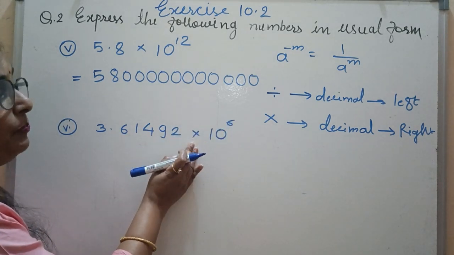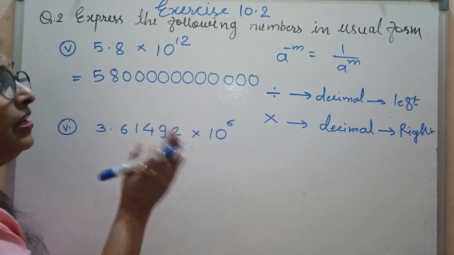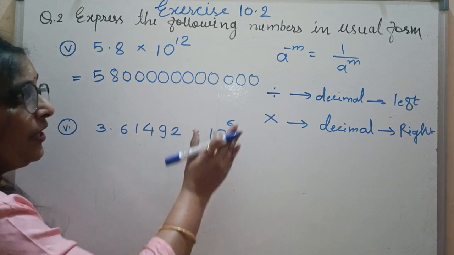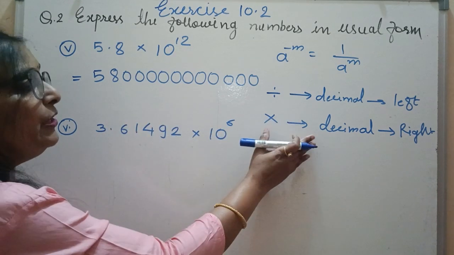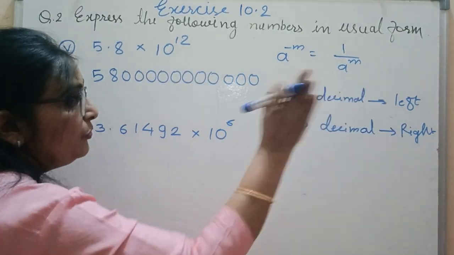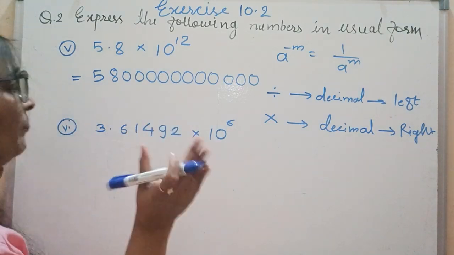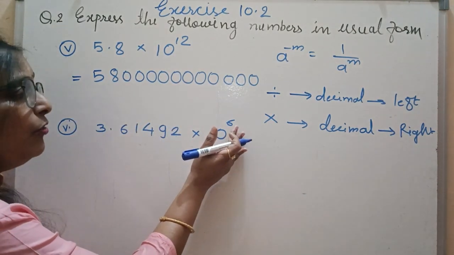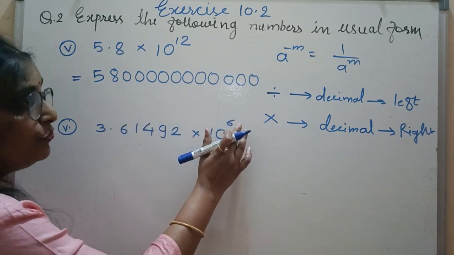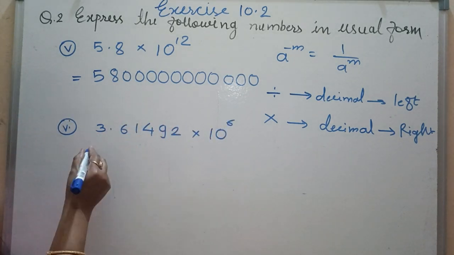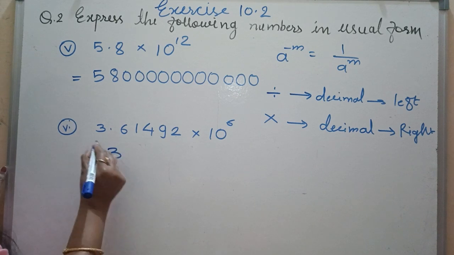Again their multiplication, positive exponent. So multiplication, no need to take it in denominator, already given positive exponent. We will use this law. Multiplication towards right you are shifting. So how many places you have to shift this decimal point? Decimal point is here and you have to shift by 6 places. So how you can shift? 3.